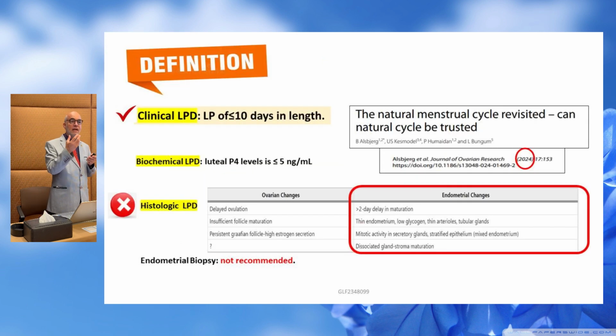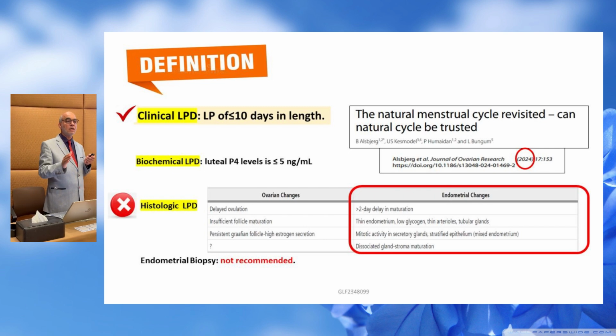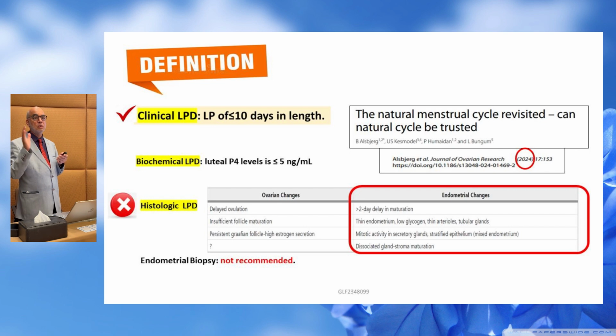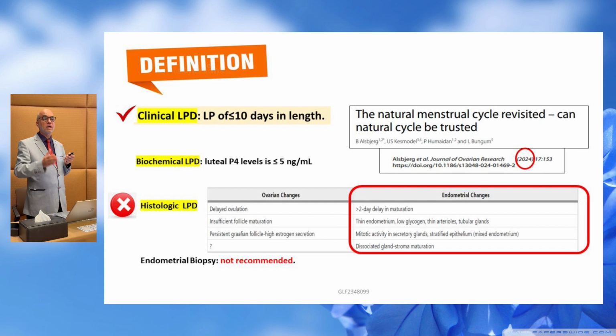It has a clinical definition, which is the luteal phase is 10 days or less, or a biochemical definition when the mid-luteal serum progesterone is 5 nanograms per milliliter or less, or a combination.